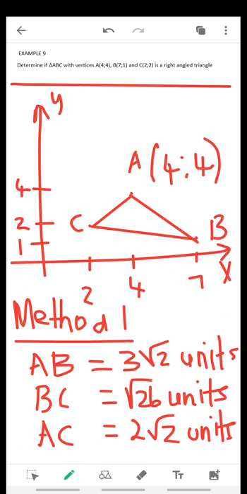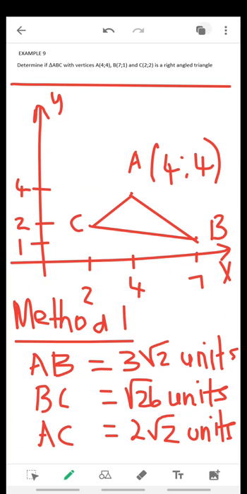Please do the calculations. 1 mark for formula, 1 mark for substitution, and 1 mark for answer. So my distance AB equals 3√2. Then the length of BC is √26. Then the length of AC is 2√2. Okay, all units.